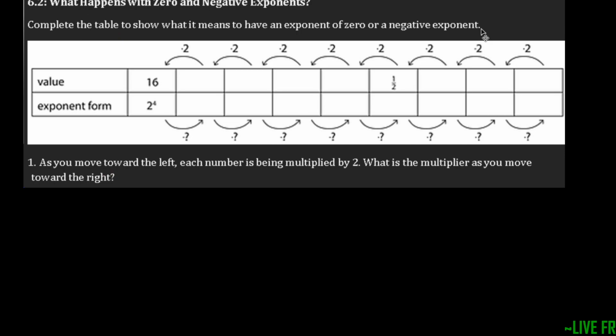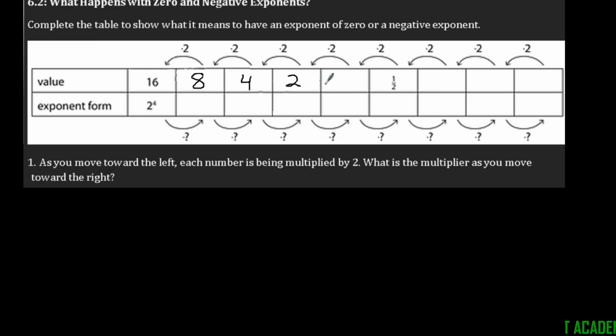Then for the next part, it says complete the table to show what it means to have an exponent of 0 or a negative exponent. As they're moving to the left, they're multiplying by 2. So what we can do is ask, what number do I need to multiply 2 by to get 16? Well, this would be 8, this would be 4, this would be 2.